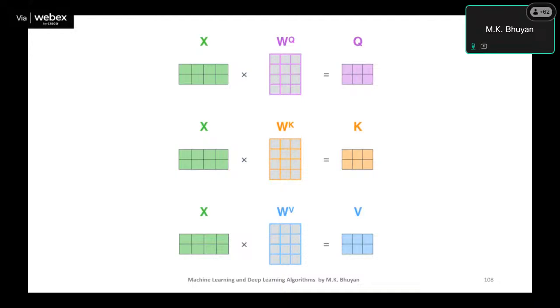So like this, you can see this figure. X is the input, and WQ, WK, WV are the matrices. It is multiplied, and I'm getting Q, K, V. Multiplied means I'm doing the multiplications.